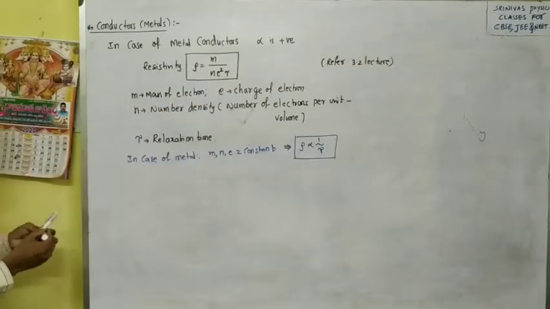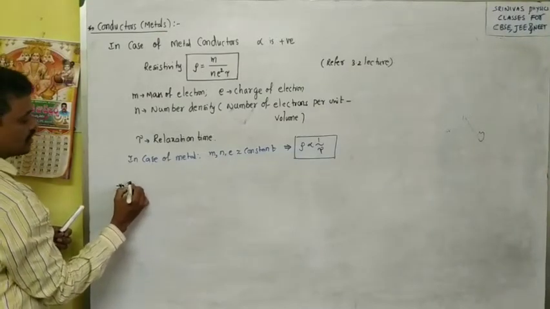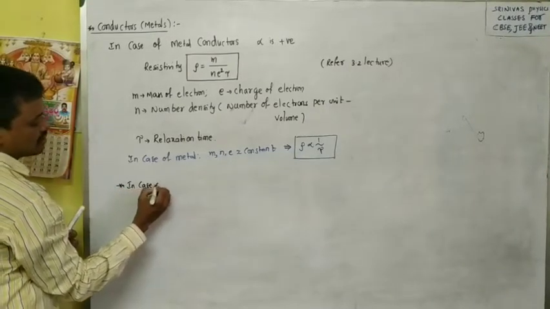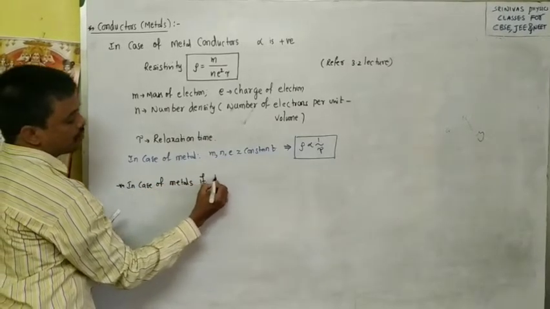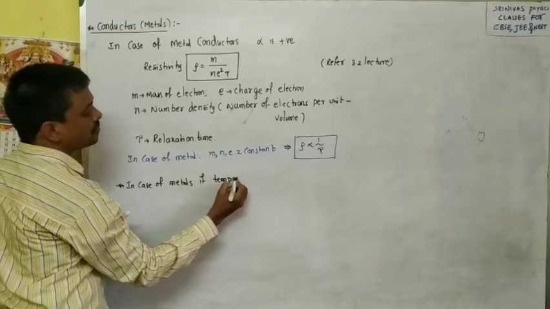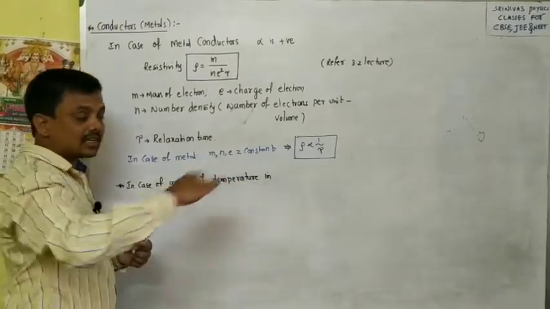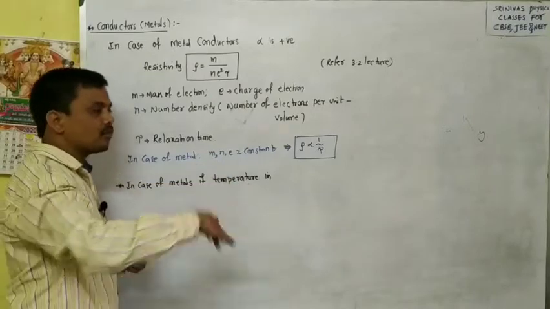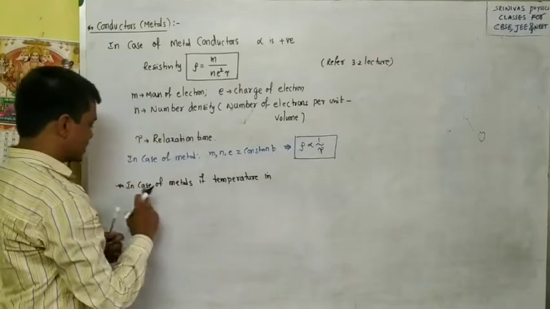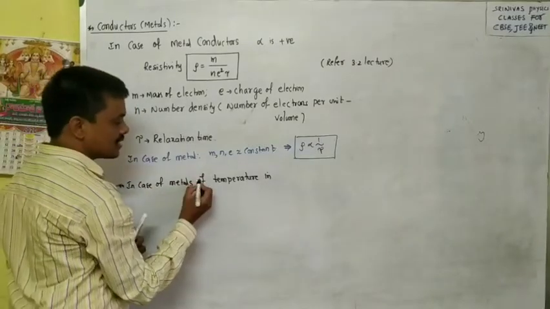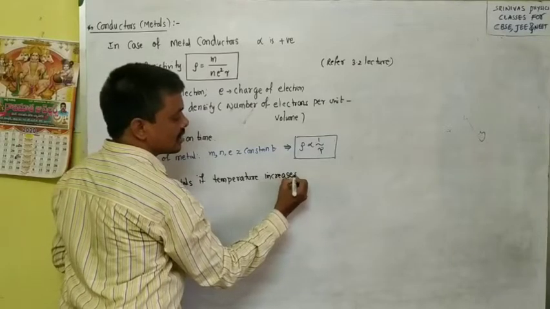That means in case of metals, if temperature increases, electrons move randomly and more collisions take place.